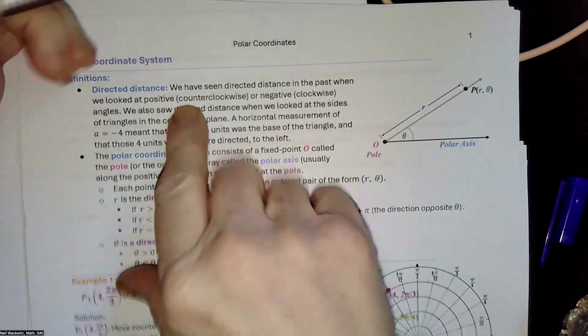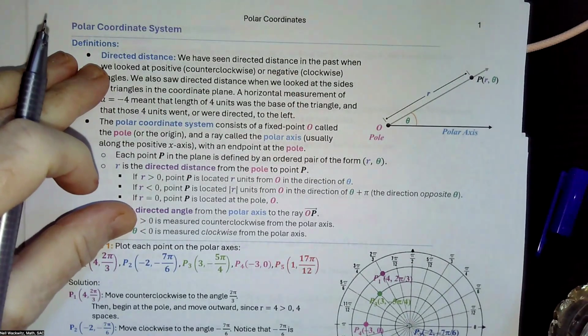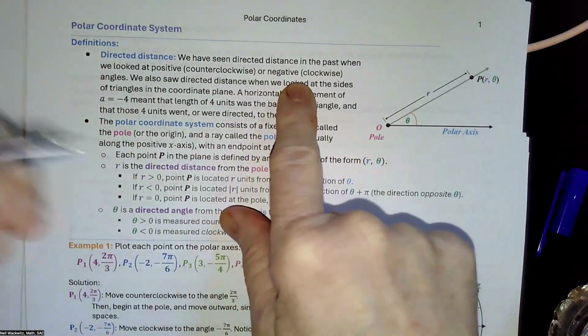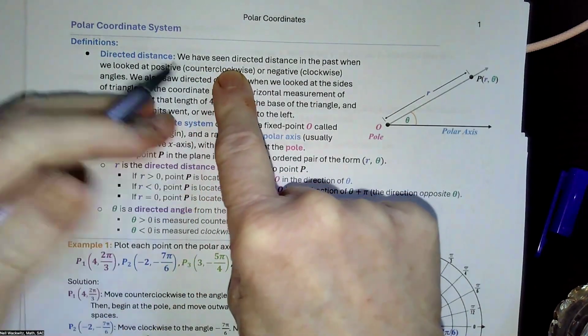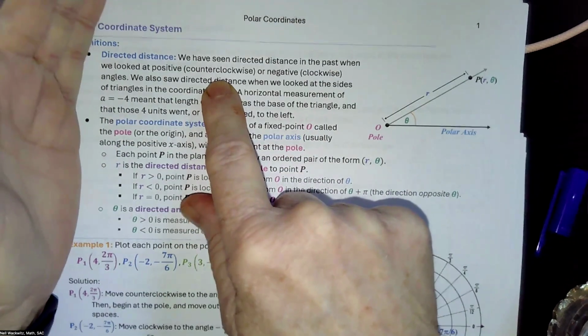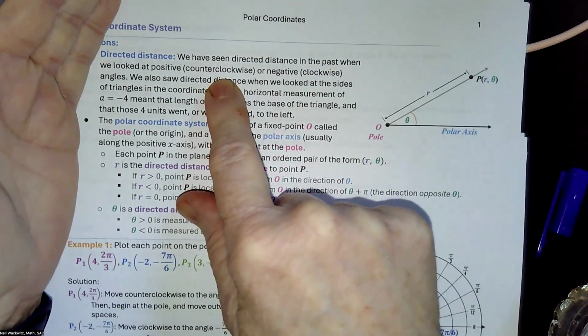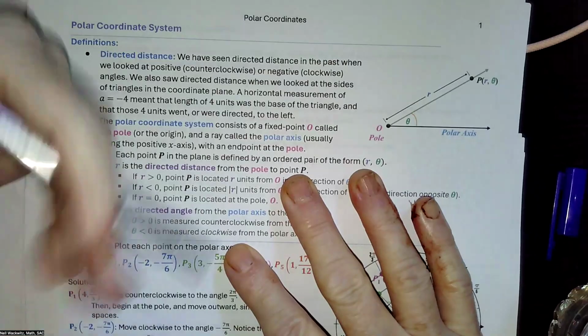Directed distance is something that we've dealt with for a while, but we haven't called it anything. When we say that an angle is positive, we mean that it goes in a counterclockwise direction, and a negative angle measurement goes in the clockwise direction.